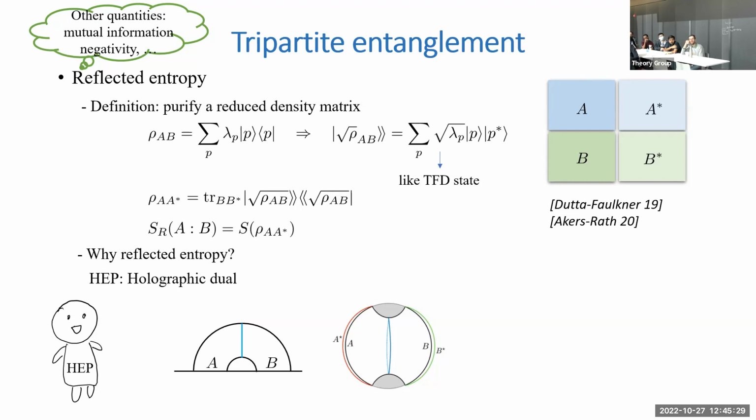Suppose you talk with the high energy theory community, they are probably going to give you the answer that it is interesting because the reflected entropy has a really nice holographic dual. Because we have a lot of high energy people here, maybe I can talk a little bit about that.